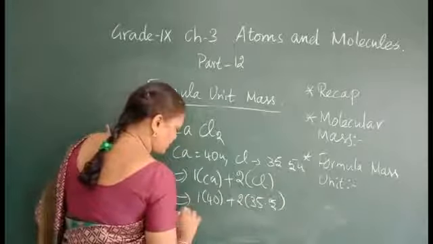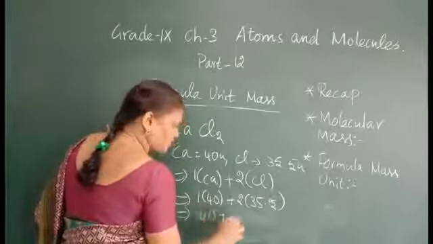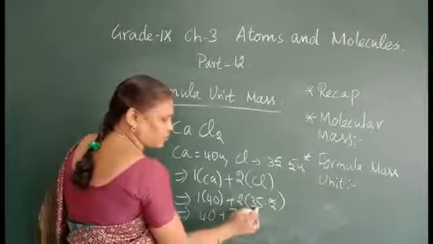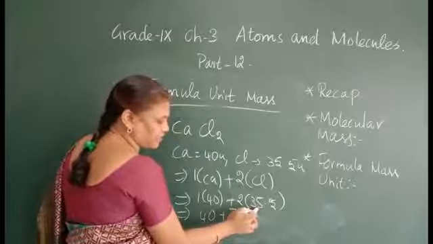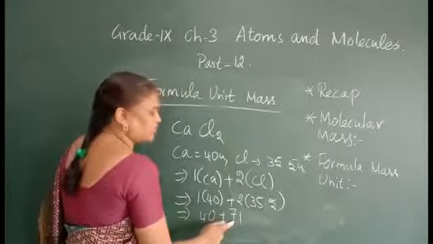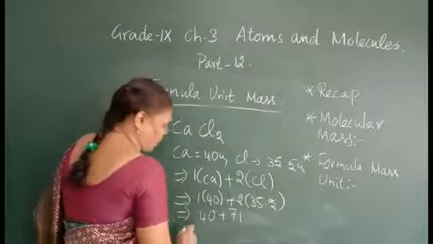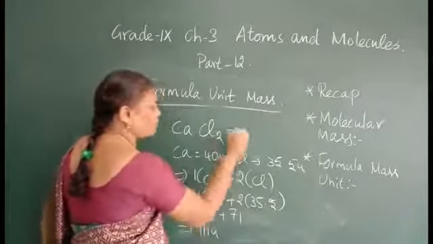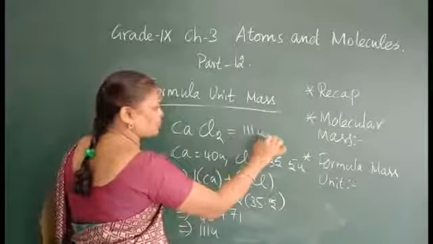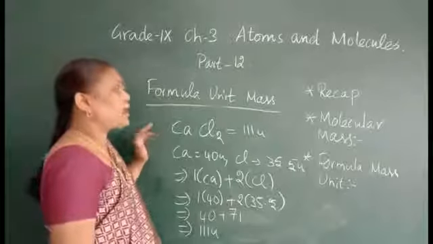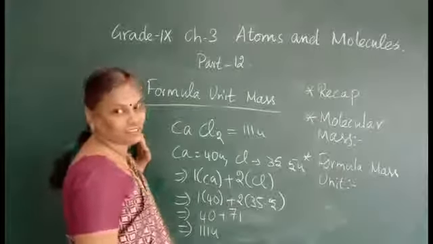So that is 40 plus, if you multiply it will be 71. So nothing but 111 U. So the value of this is 111 U. That is the formula unit mass of calcium chloride.